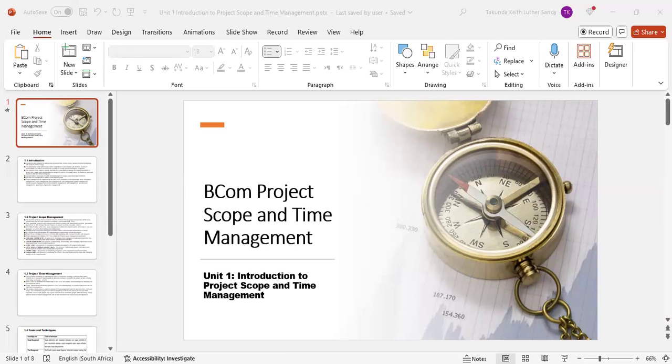Then unit 3 talks about a work breakdown structure. A work breakdown structure is a tool that we use to subdivide work packages or work activities into smaller, more manageable activities that we'll be working with. We're going to look at that again when we do our unit 3.